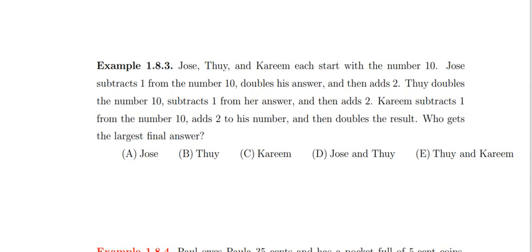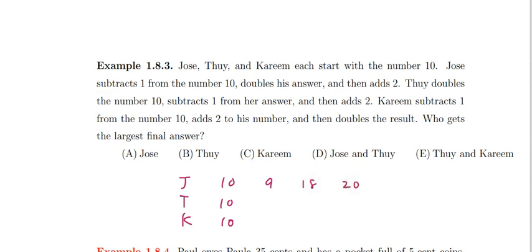Okay. So this problem is like we have three guys, J, T, K. Each starts from number 10. J subtracts 1 from 10, so it becomes 9, then doubles it to 18, then adds 2 to become 20.